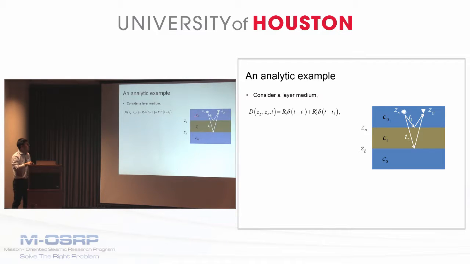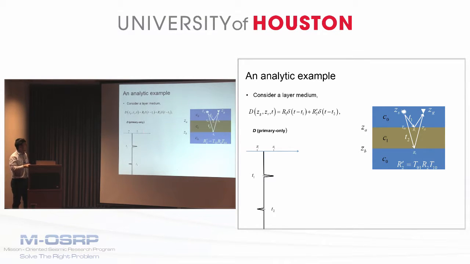We have two primaries with travel times T1 and T2 and the reflection coefficient R1 corresponding to the first reflector, and R2 prime for the second primary, which corresponds to the two transmission coefficients and the reflection coefficient of the second reflector.